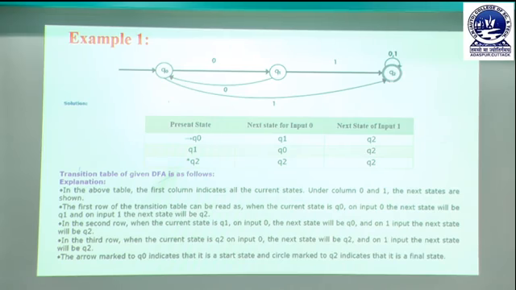Similarly, q2 is the accepted state, that's why it is denoted with a star. Star means it is the final state as well as the accepted state. In that accepted state, we can also take 0 or 1 as input. When q2 takes 0, it is self redirected to q2. Next, when it takes 1, it is also self redirected to q2.